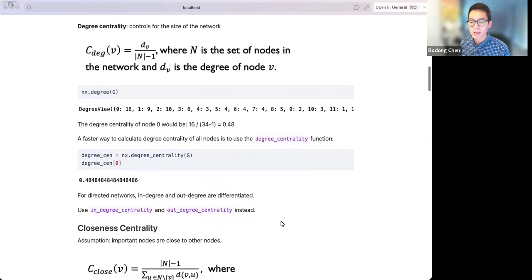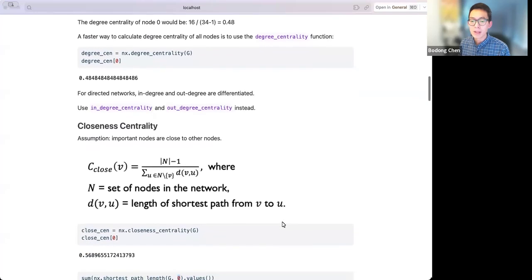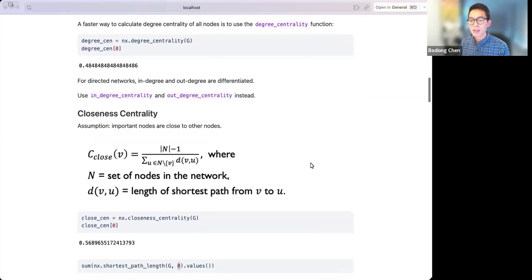Another centrality measure that people think about is based on another assumption. It's based on the assumption that important nodes are close to other nodes, right? If the node is close to other nodes, not necessarily directly connected, we can think of them as important as well.